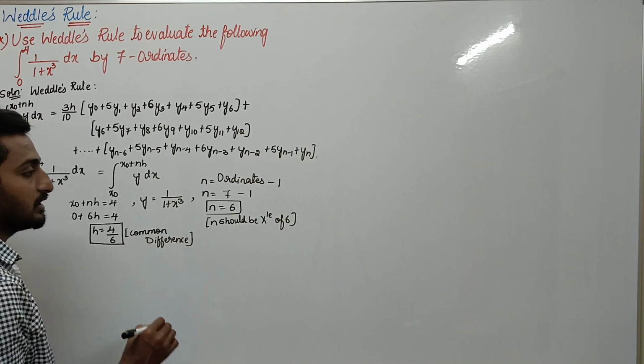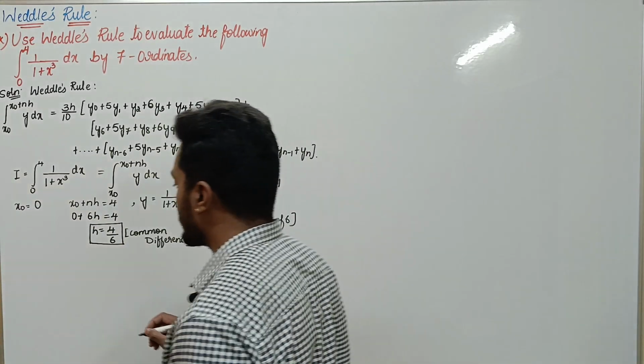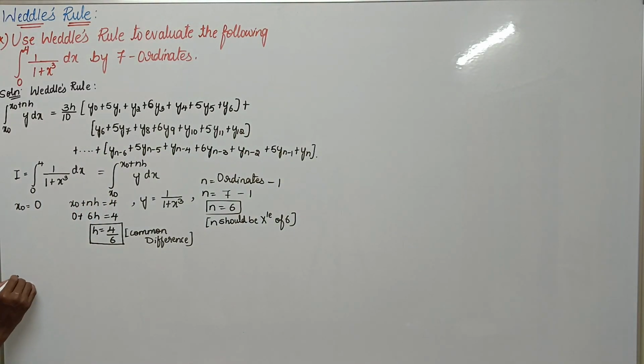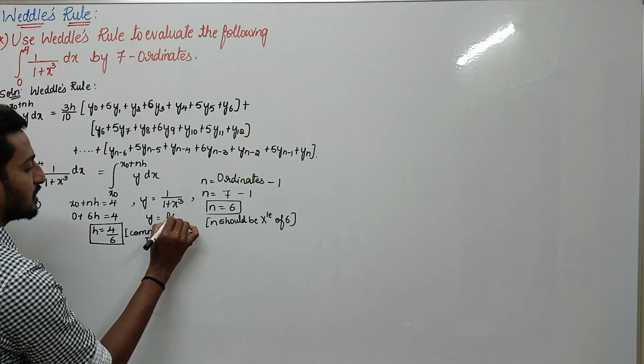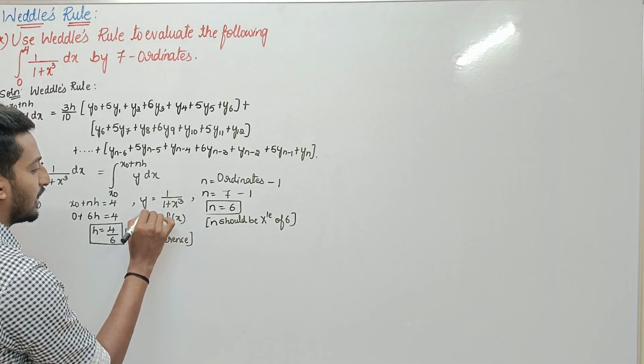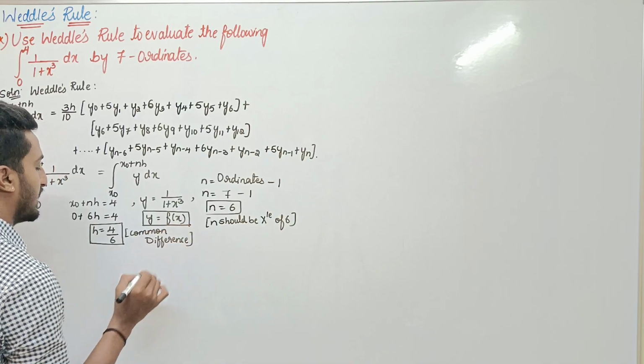Now I need to represent the interval x, and corresponding to that interval, the function value y, that is, what is y? 1 by 1 plus x cube. We can represent y also as f of x.